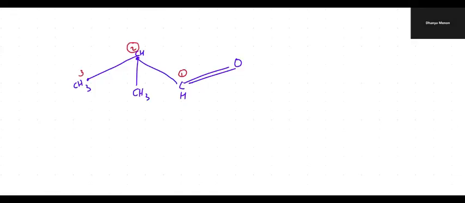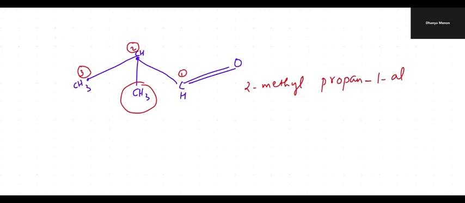So at the second position, we have the substituent 2-methyl. So this is the substituent 2-methyl propane 1-al. Okay, so the carbon atom of the CHO group is also given number.